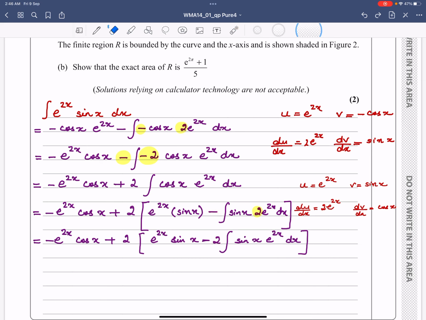Now in the next step I need to multiply 2 with the 2 terms inside the bracket. So 2 into this and 2 into this term. So let me do that.